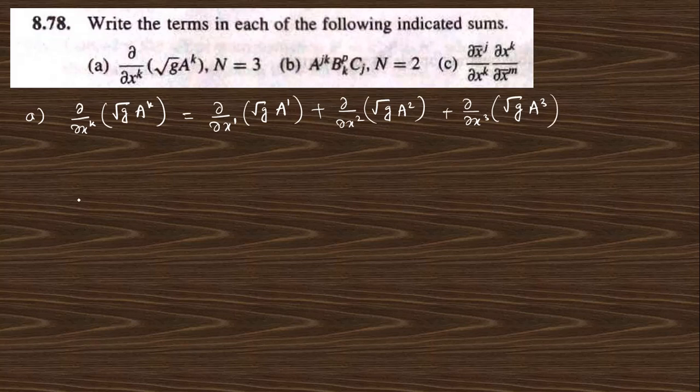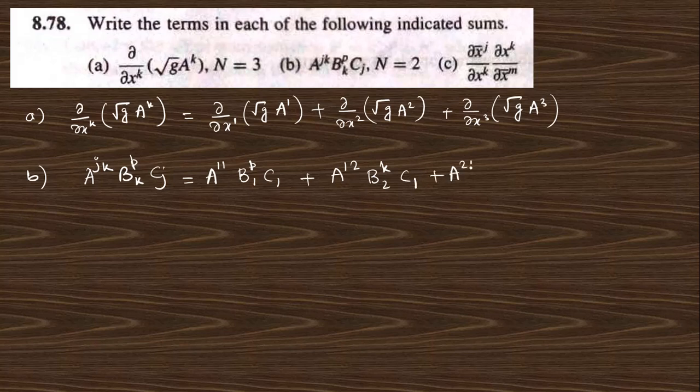Similarly, for b, it is written as a_jk b^kp c^j. Here n is 2, so there are two variables j and k, with j from 1 to 2 and k from 1 to 2. So you can write a_11 b^1p c^1 plus a_12 b^2p c^1.